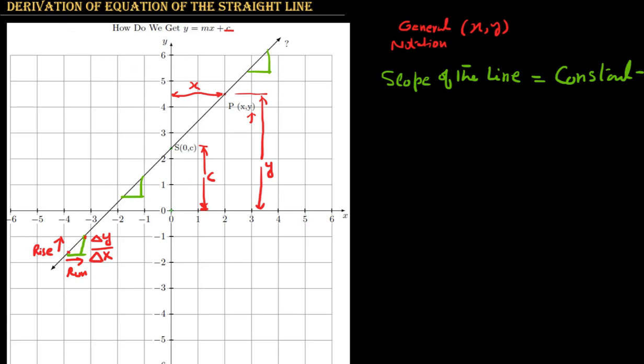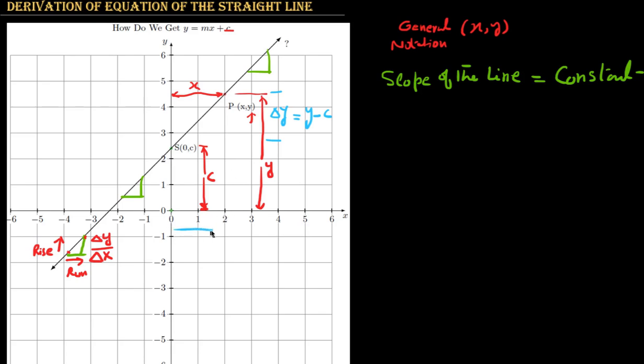So if you want to see what the difference in y coordinate actually means, this is y and this is c. So the difference in y coordinates will be, this is delta y. Y is the whole thing and c is up to this point. So delta y equals y minus c. Similarly, what is delta x?